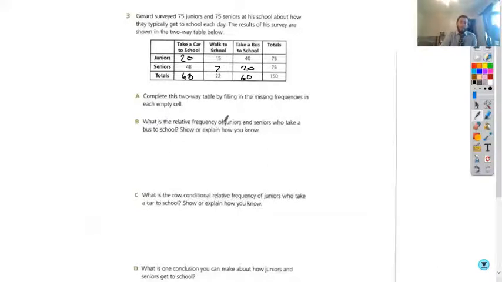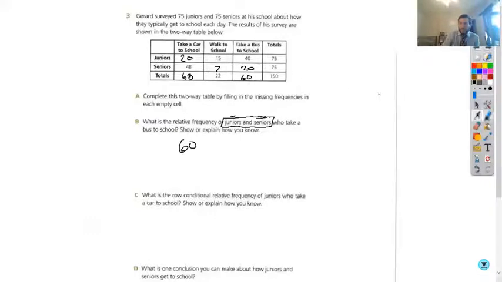B says, what is the relative frequency of juniors and seniors who take a bus to school? So relative frequency, so we're looking for the total number of juniors and seniors that take a bus relative to the total number of juniors and seniors. So those that take a bus, if we take a look up here, the total numbers of juniors and seniors to take a bus are 60, right?